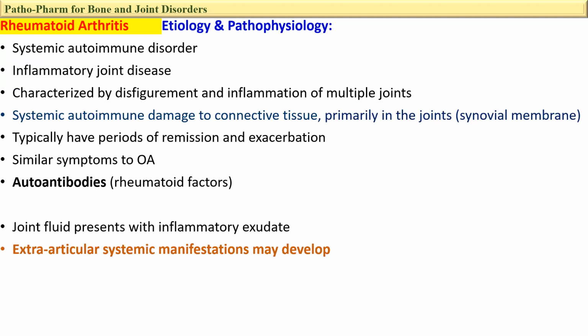So next is rheumatoid arthritis, a systemic autoimmune disorder. There's an inflammatory joint process or disease, and in addition to that, it's systemic and autoimmune in nature.